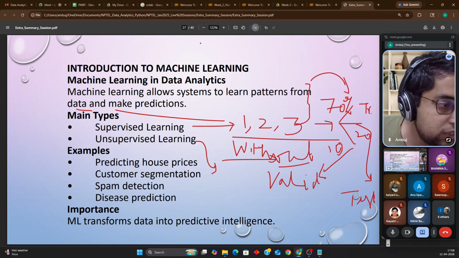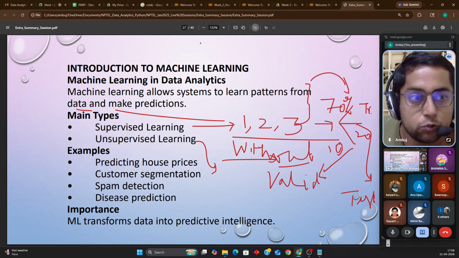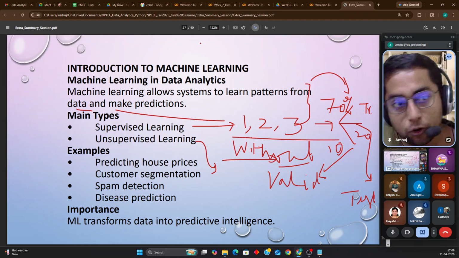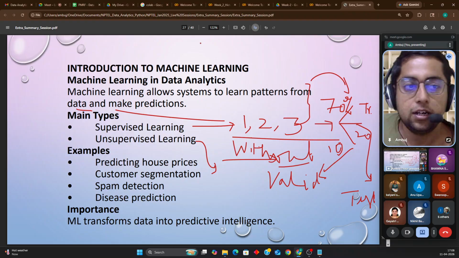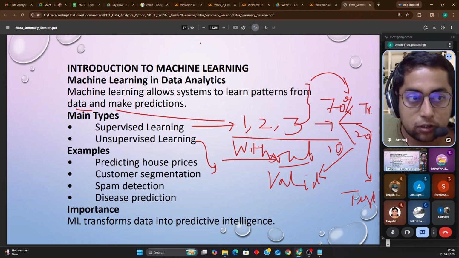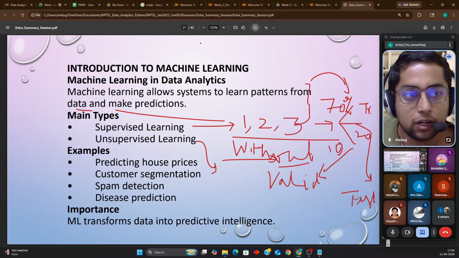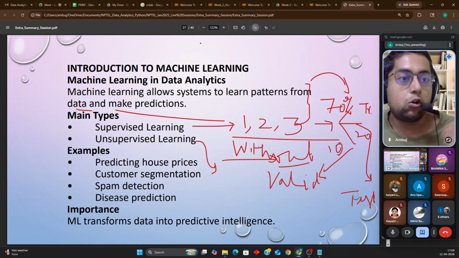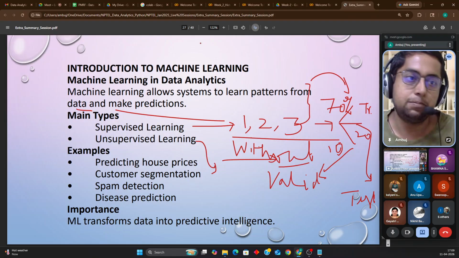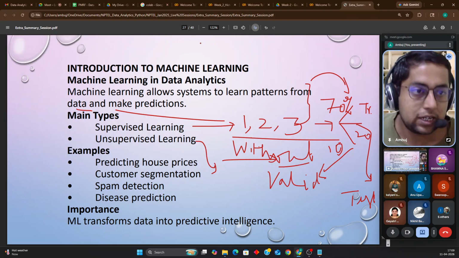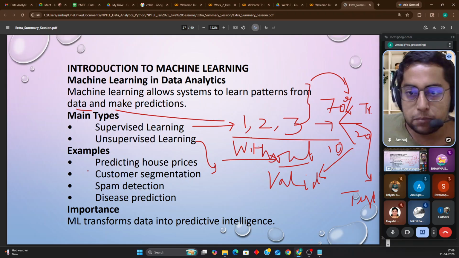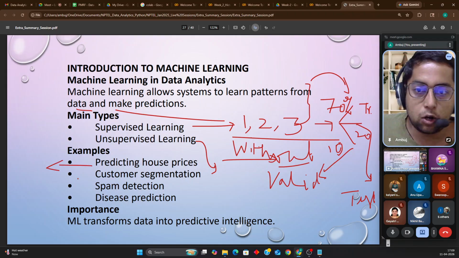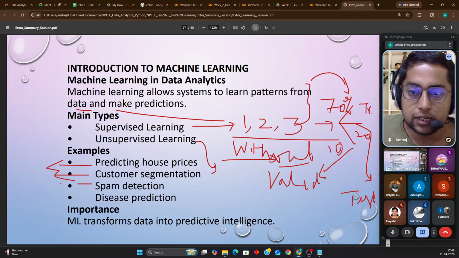We assume that the data would follow a particular hypothesis, and we draw conclusions on the basis of this hypothesis only. We need not account for the future data as well as the past data. That is unsupervised learning. For example, predicting house prices, customer segmentation, spam detection, and disease detection.